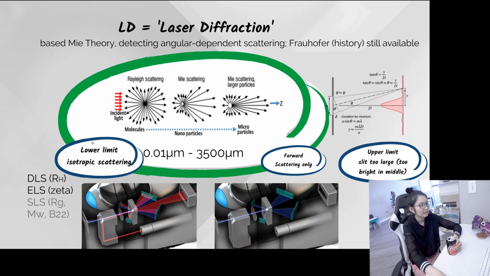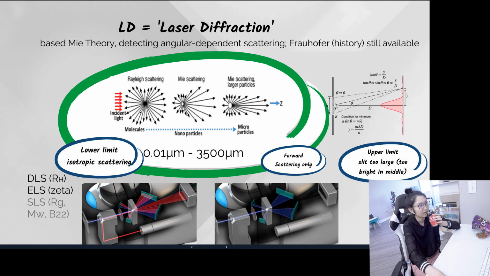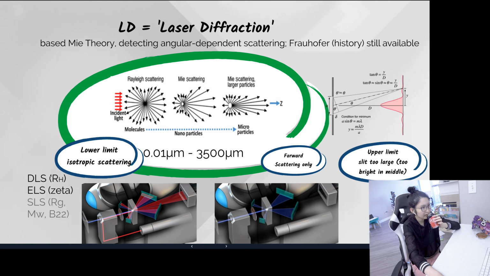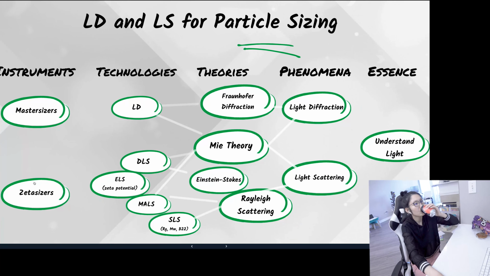It's really hard to see with the laser diffraction, which means the angular dependence, or microscope is definitely harder. So what do we use then? That is dynamic light scattering.